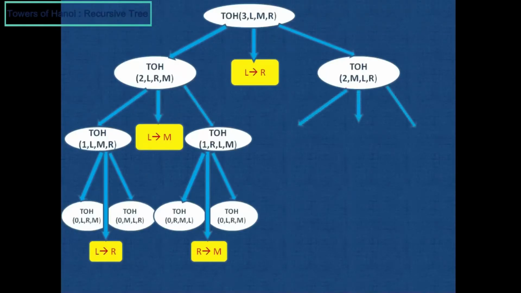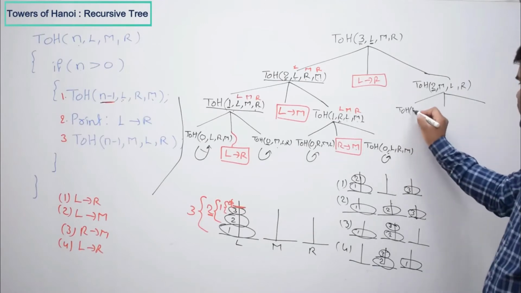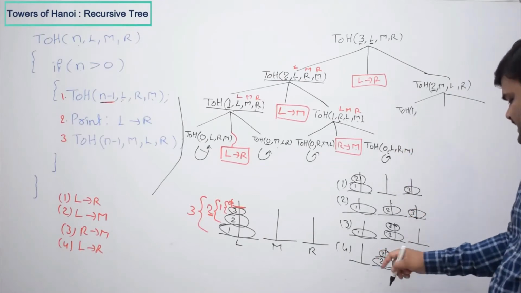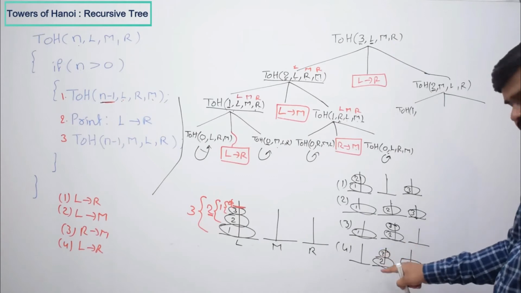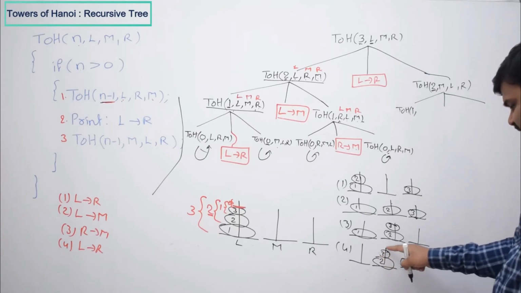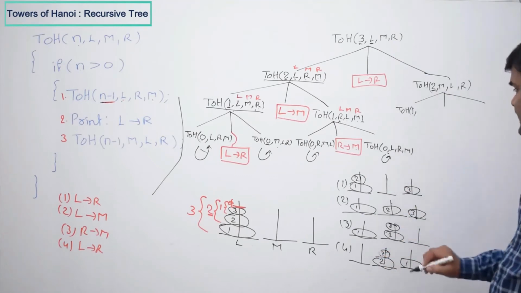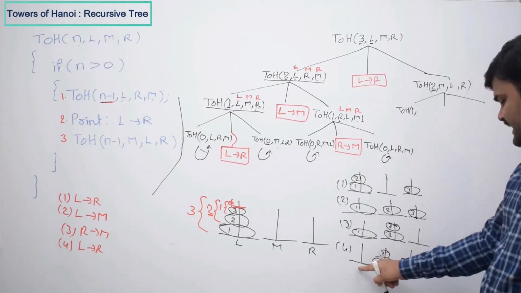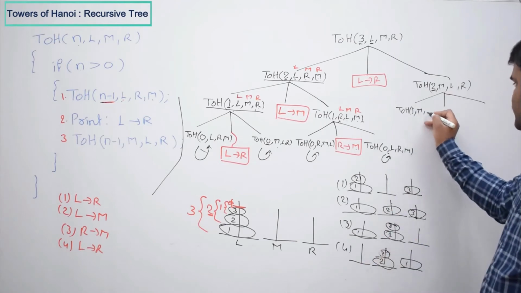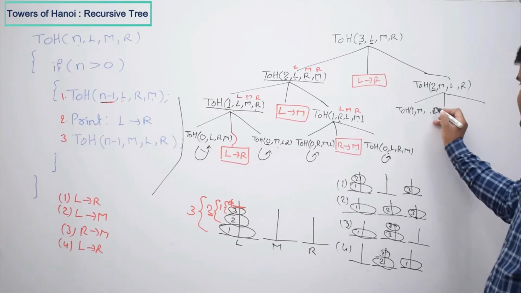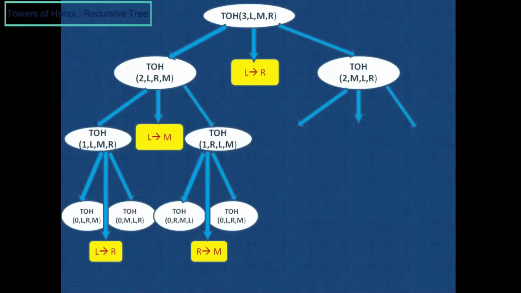So first statement Towers of Hanoi. First this one you have to shift, that is 1 here. That one you have to shift to L, from M to L by using R.